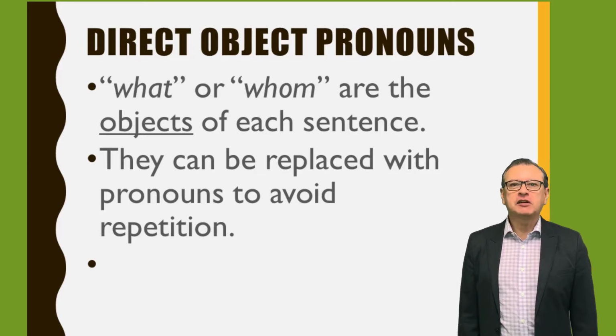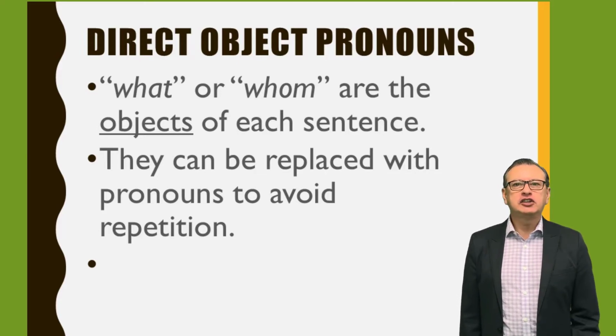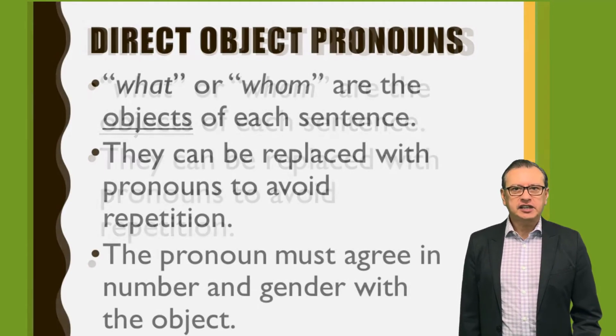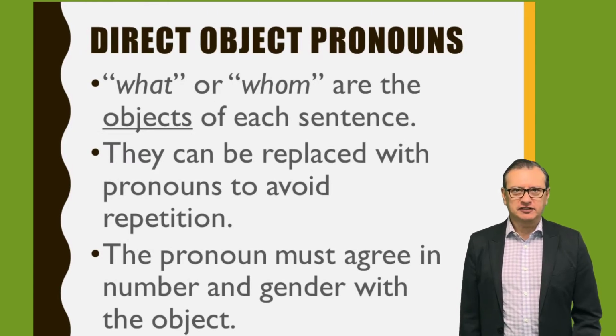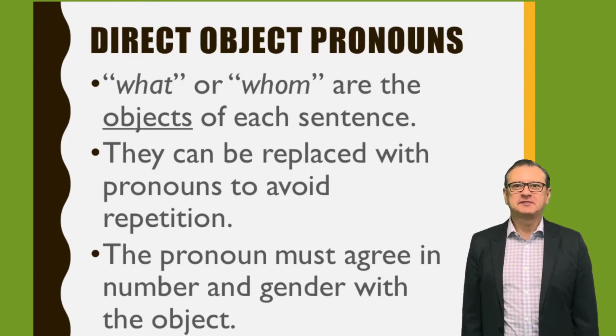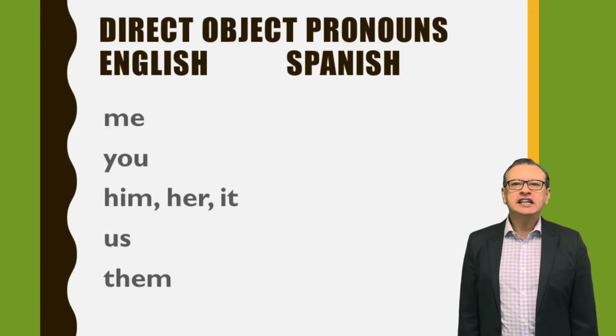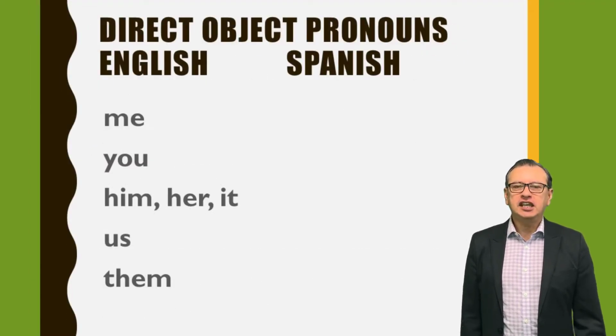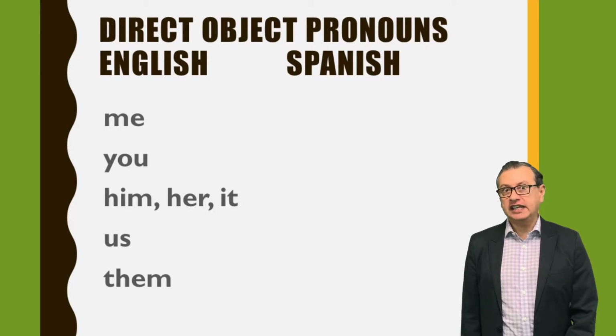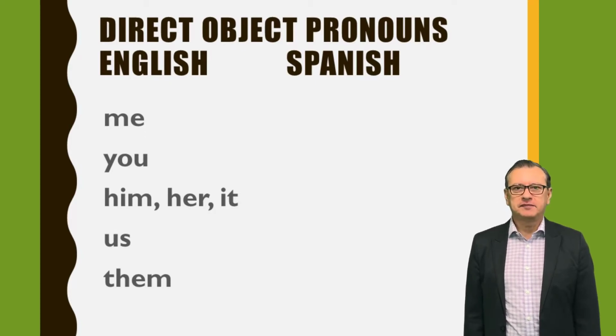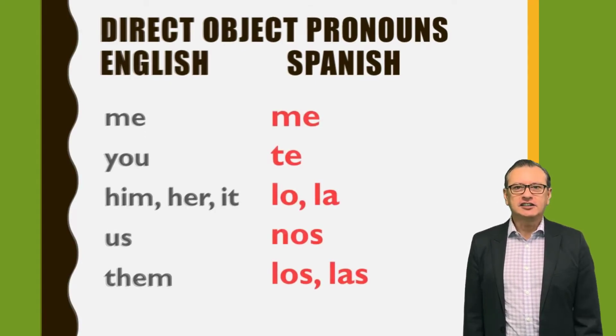It's very important that when we talk about objects, you match and agree gender and number of these objects. So be very careful when you see that sentence. So let's take a look. In English, you have the pronouns me, you, him, her, or it, us, and them. In Spanish, take a look.